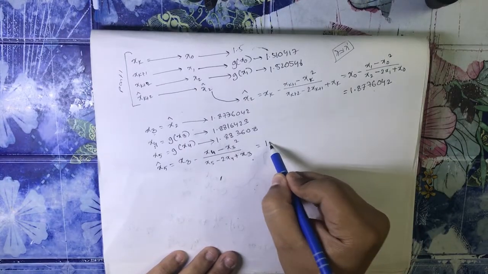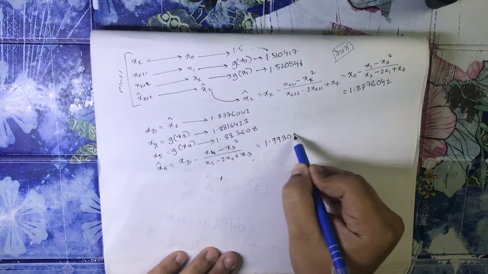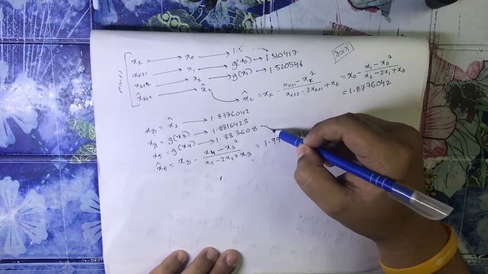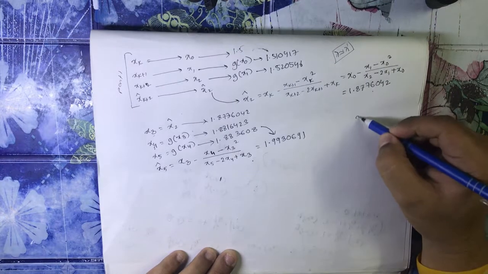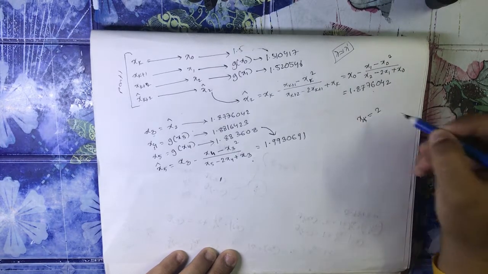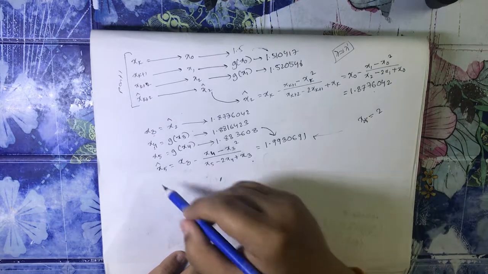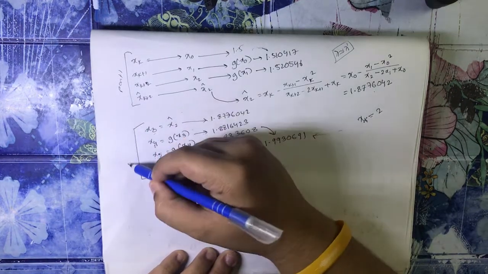This gives us 1.9930691. See, I'm making another great jump. Our root x star was equal to 2. See how close I got within x5?